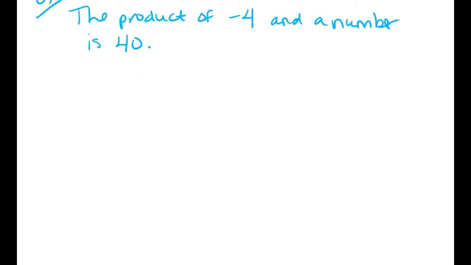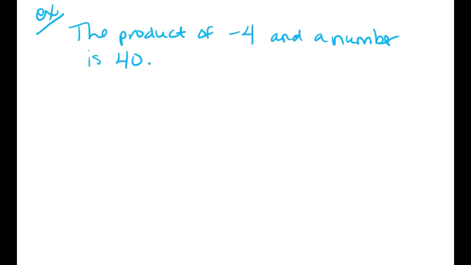Okay, remember that product means multiplication, a number is our variable, and is means equal to. So we can write this, the product of negative 4 and a number is equal to 40.